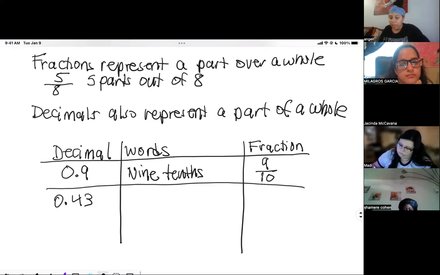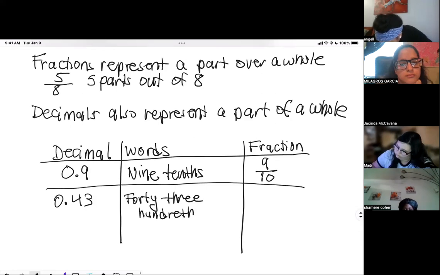But I always put a 0 in front of the decimal point. All right, so this would be in words 43. Now the 3, that last number, ends in the hundredths, 43 hundredths. And that would be 43 out of 100.